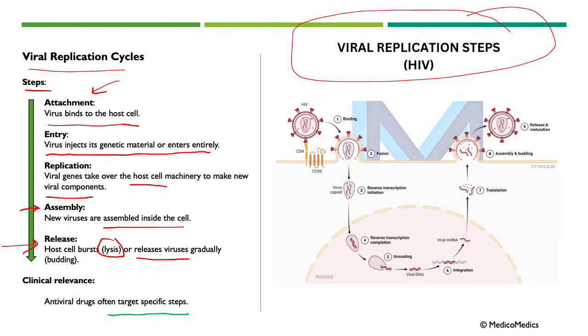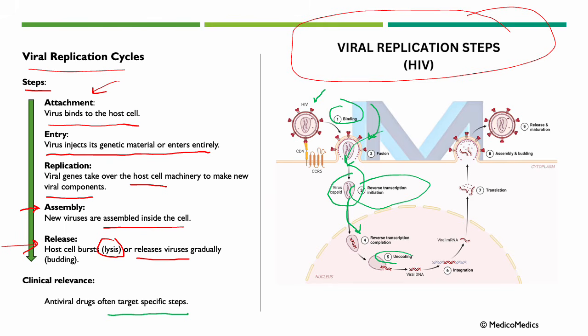So here in this illustration, we have the HIV virus. And first, it's binding, right? And then it goes through entry, fuses in. The virus capsid, through something called reverse transcription initiation, continues on to get to the nucleus of the host cell.